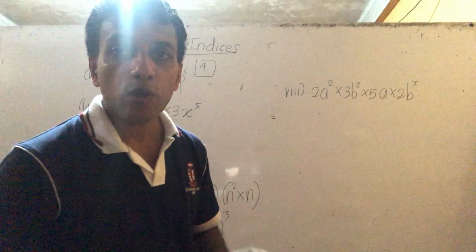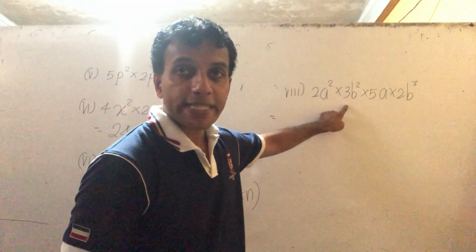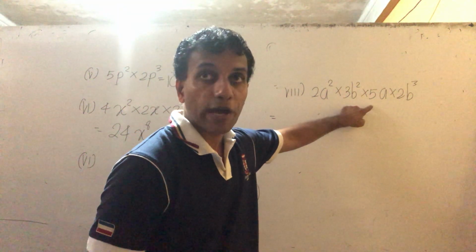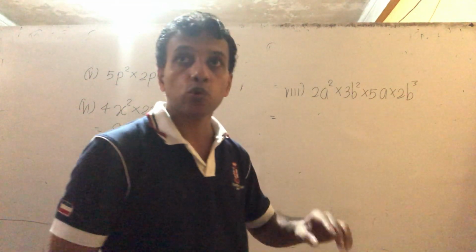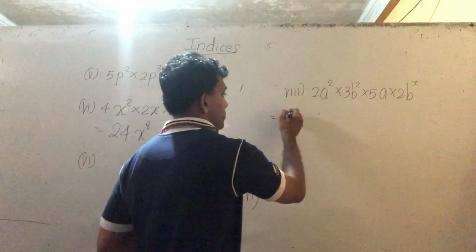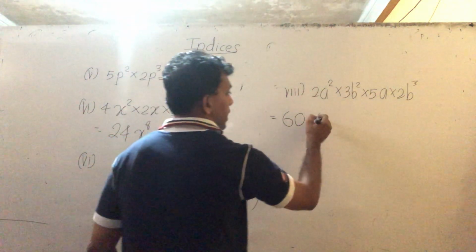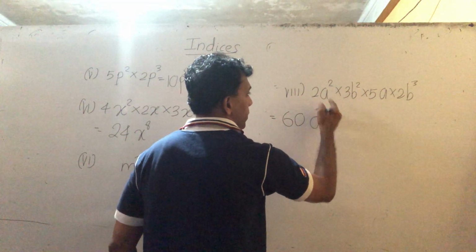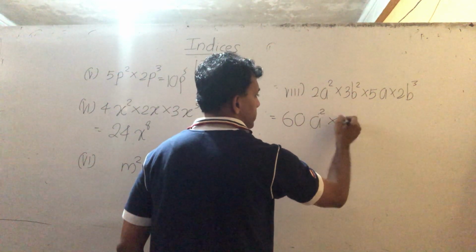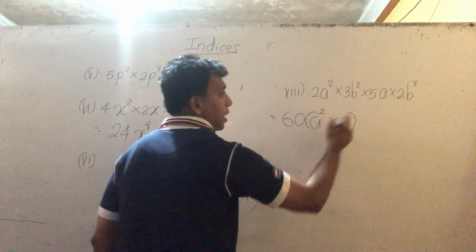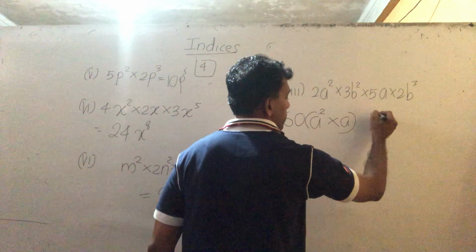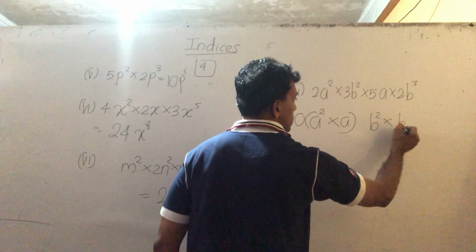So what is the number value here? 2 times 3, 6. 6 times 5, 30 times 2, 60. Number is 60. Then what? A square and here a, and here b square and b to the power 3.